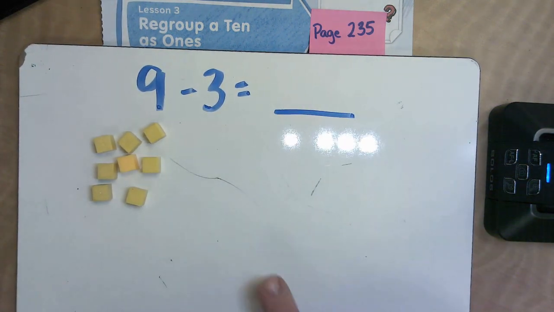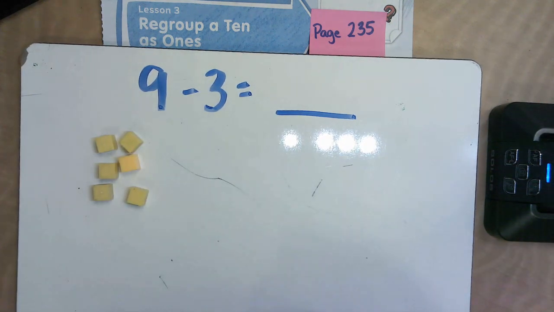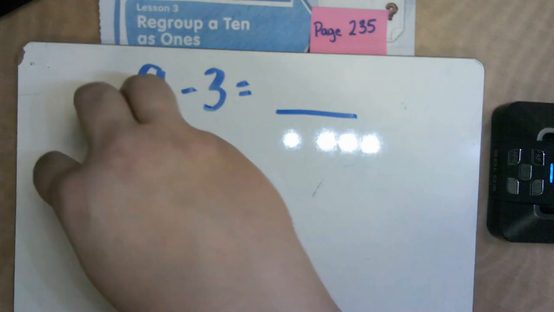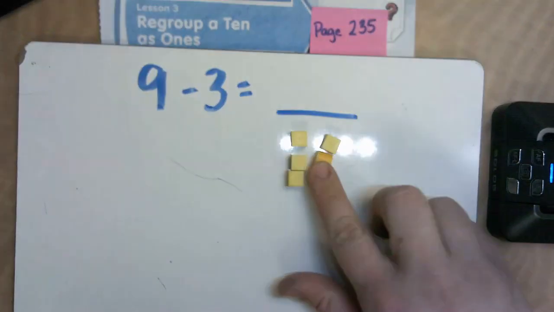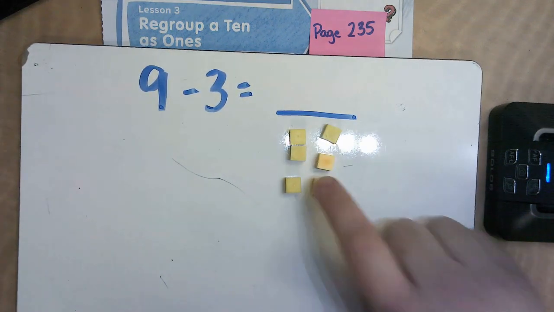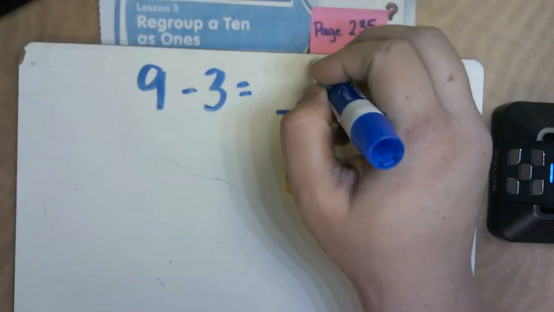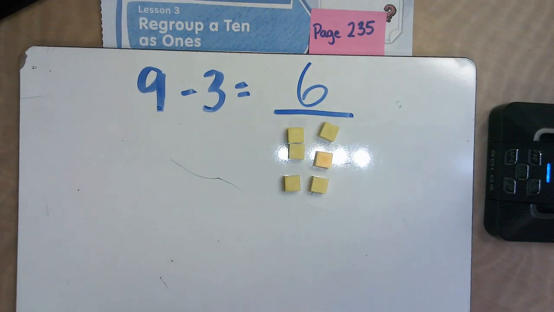Here's 1, 2, 3. I took those away, and now I want to say what is left. So my answer is going to be what is left. When I move that over there, how many are here? Well, I have 1, 2, 3, 4, 5, 6. So 6 would be my difference. 9 minus 3 equals 6.